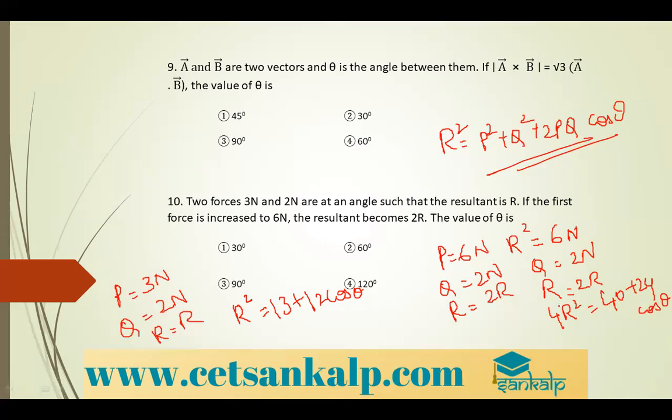So you take both as simultaneous equations, and if you solve that, finally you will get cos theta is equal to minus 1 by 2. Theta is equal to 120 degree.